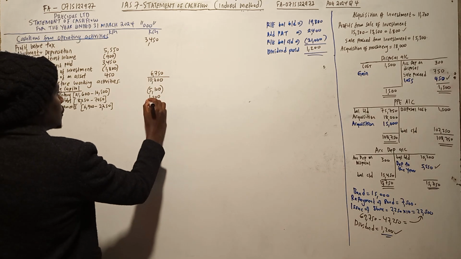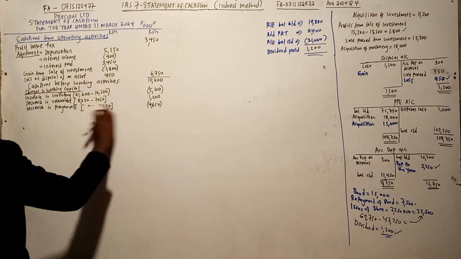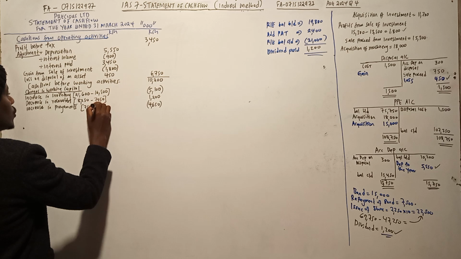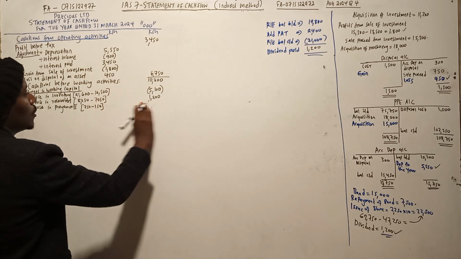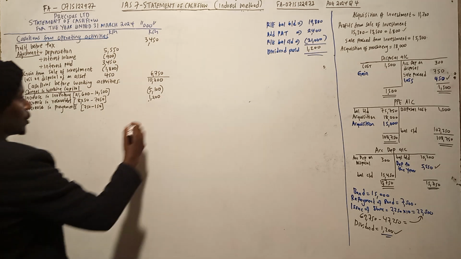Sorry, prepayments nimefanya mbaya. Prepayments ni 750 na 150. Reduce 750 minus 150, which is 600.